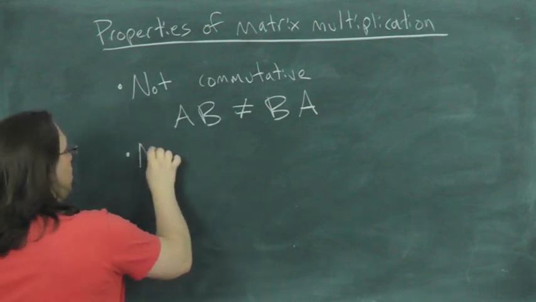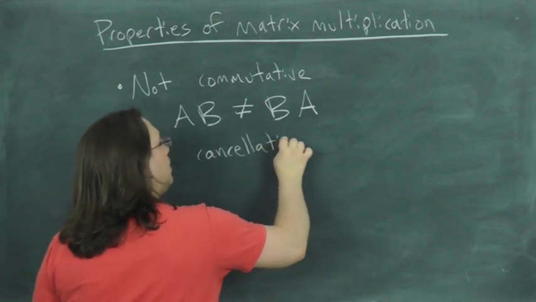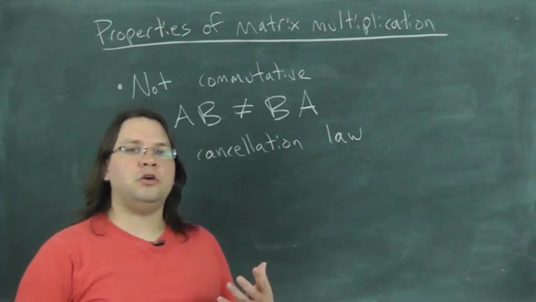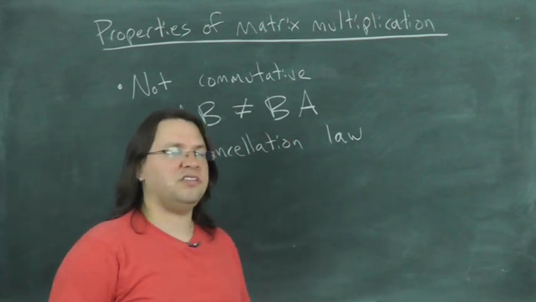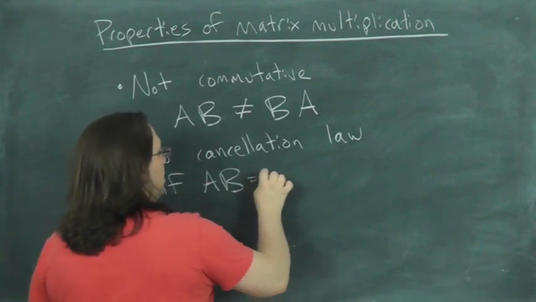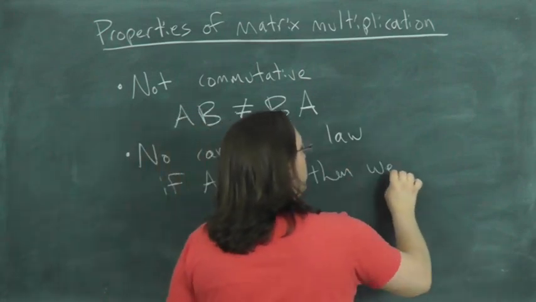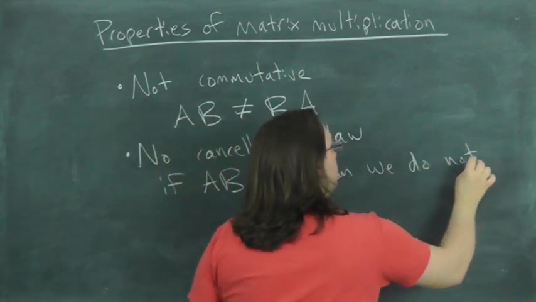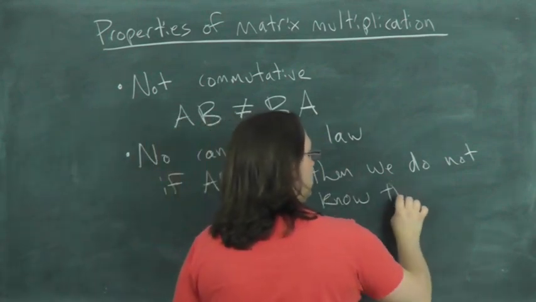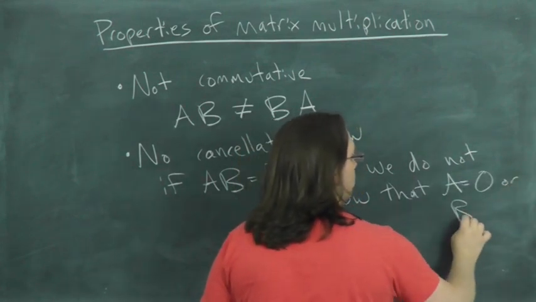And finally, there's no cancellation law. So this concerns how you multiply things together to get 0. It says that if A times B is equal to 0, then we do not know that A is 0 or B is 0.